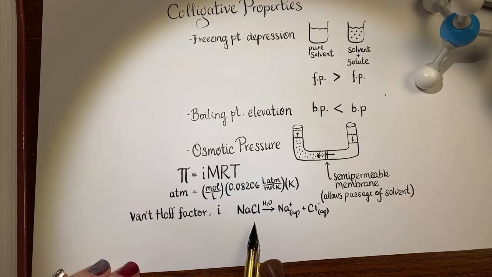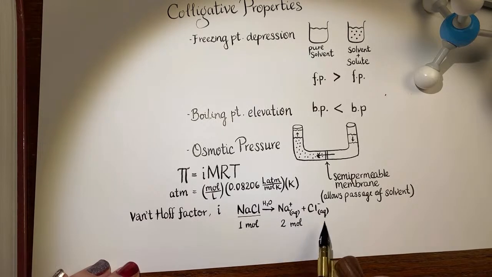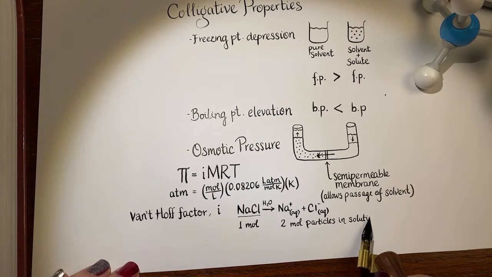And what that means in terms of particles in solution is for every 1 mole of this unit that we have here, we have 2 moles of particles in solution. So, what that means is that the Van't Hoff Factor for sodium chloride is 2.